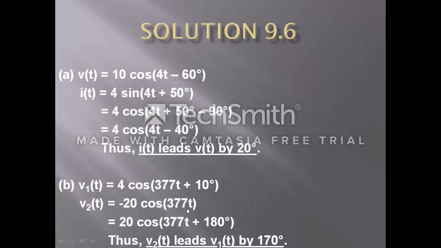So now we can see that phi1 is equal to 10 degrees and phi2 equal to 180 degrees, and phi2 minus phi1 is equal to 170 degrees. So here v2(t) leads v1(t) by a phase angle of 170 degrees.